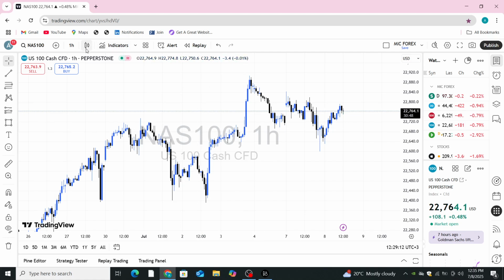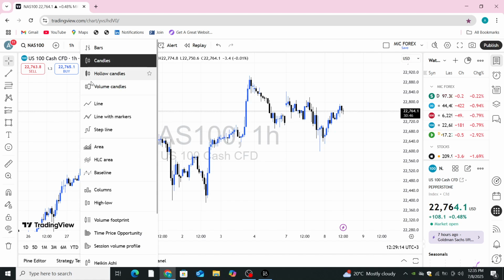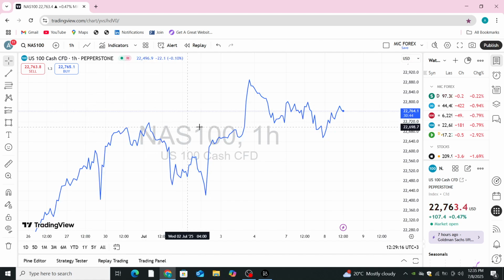Now you can also present data in a line. I think this one is not very difficult, but it doesn't show the difference between buyers and sellers, because you can see it's a continuous single line of the same color.